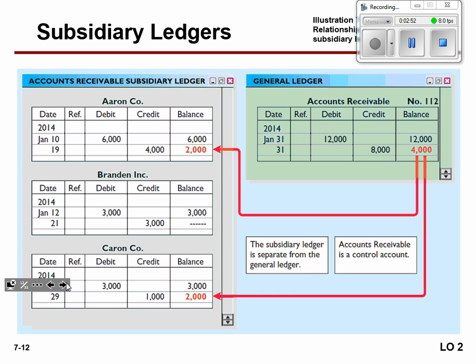So we see a listing of the accounts receivable subsidiary ledger. I see Aaron Company, I see Brandon Inc., and I see Karen Company. If these are ARs, these are assets. We own the right to getting paid. These are customers who owe us.